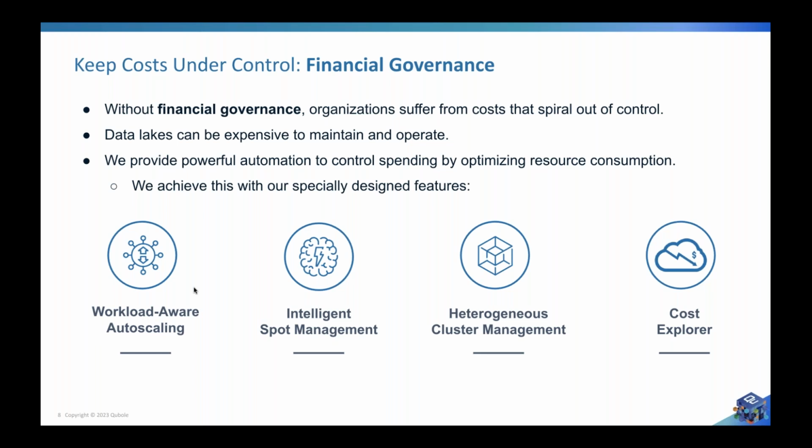Then heterogeneous cluster management. This is linked to spot management, where spot instances are prone to being preempted by AWS, because these are freely available instances which you can grab. But at the same time, if there is a demand for instances on AWS, it will try to grab these back and move them to on-demand pricing.